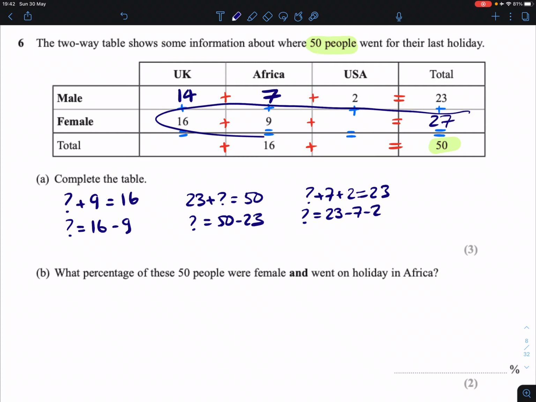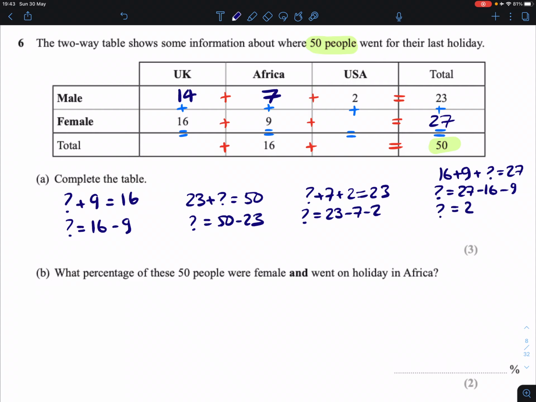For the middle row, we have 16 plus 9 plus something is 27. So our something will be 27, take away 16, take away 9, which gives us 2. So 2 goes there.